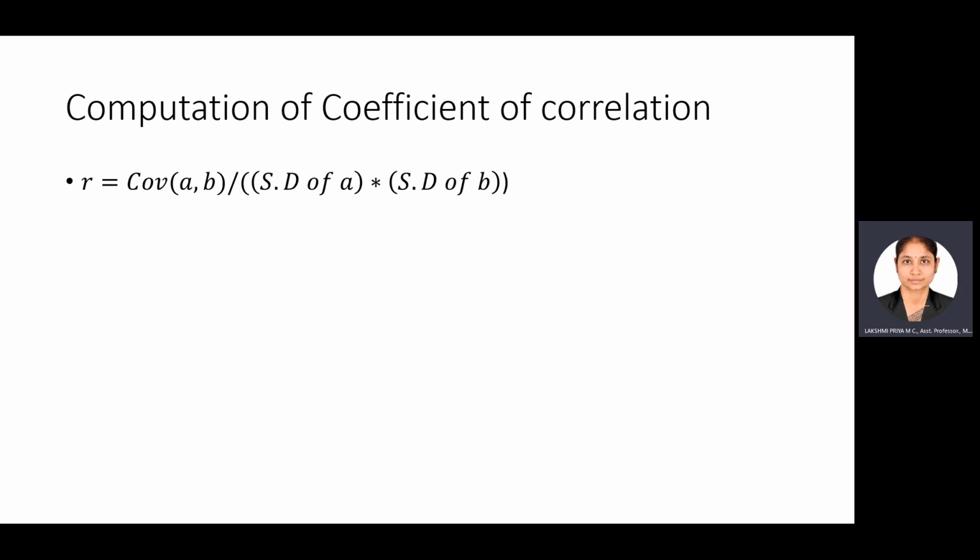Then we also have to compute the coefficient of correlation, that is the degree of relationship between two stocks, whether they move in the same direction or in opposite directions with respect to their risk and return. To calculate the correlation coefficient, this is the formula that you have to make use of.